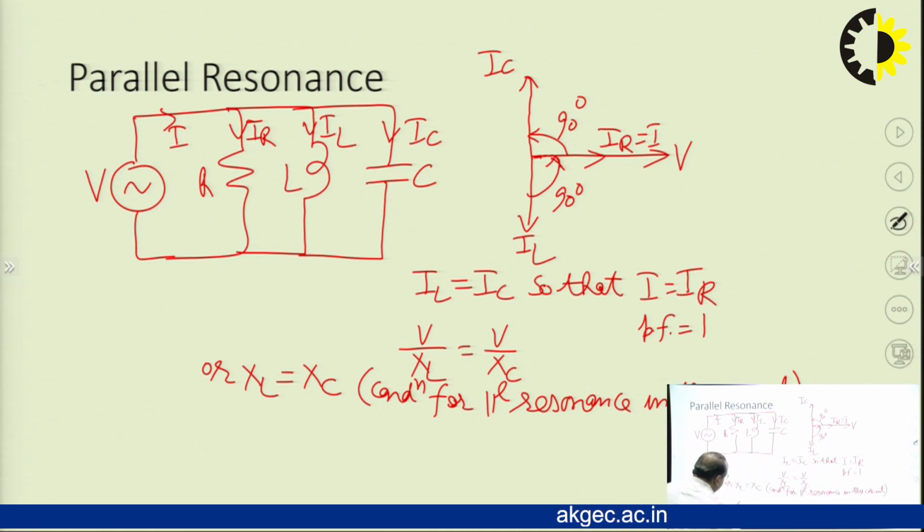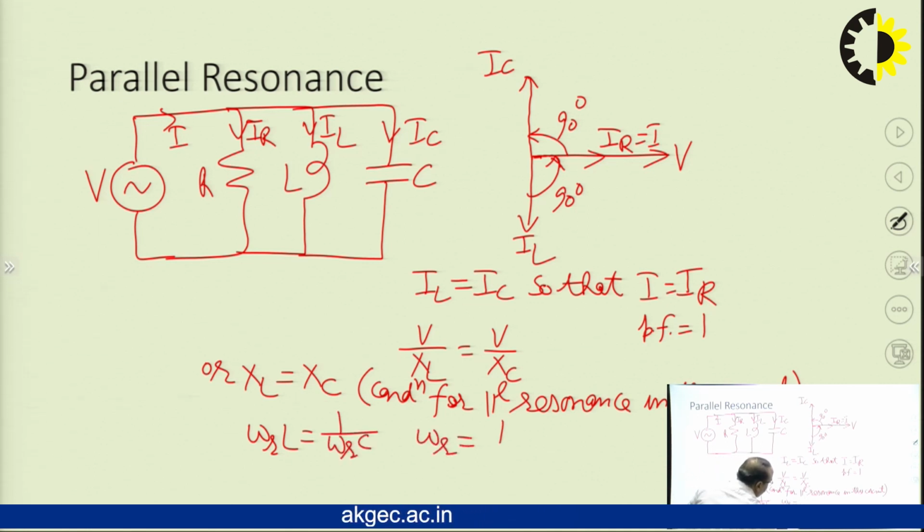And from this we can write omega R into L equal to 1 upon omega R into C, or omega R equal to 1 upon root LC. So this will be the parallel resonance frequency for this circuit.